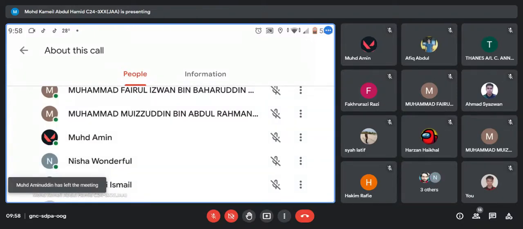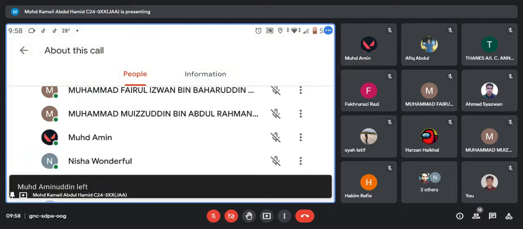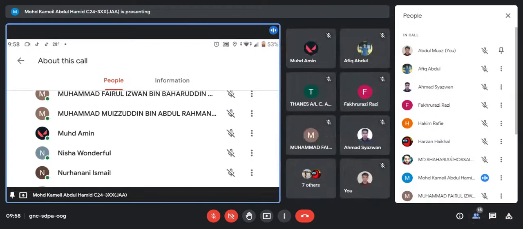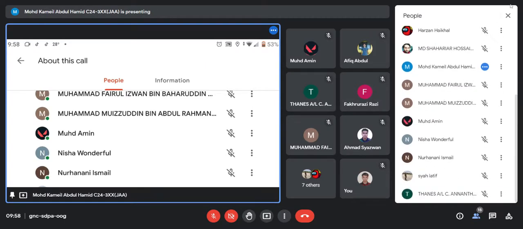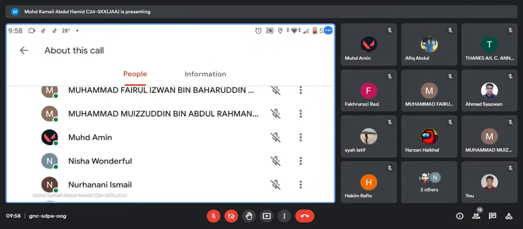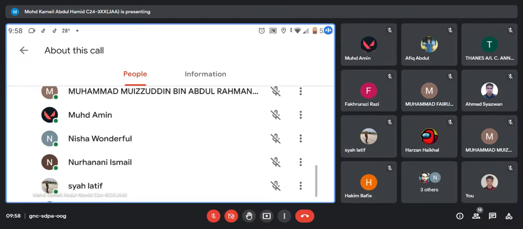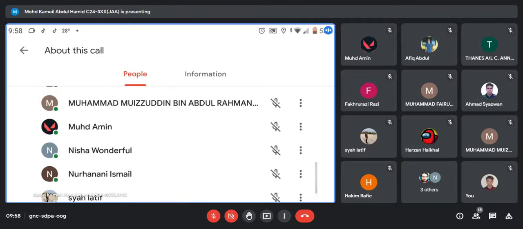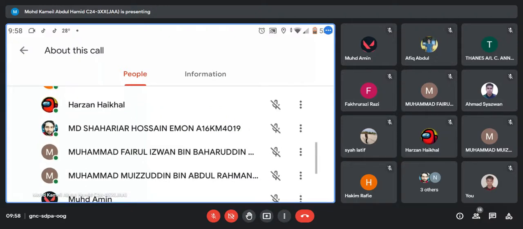Part 2: Aminah and Aminuddin, and Nisha. Part 3: Nuhanani and Harzan.